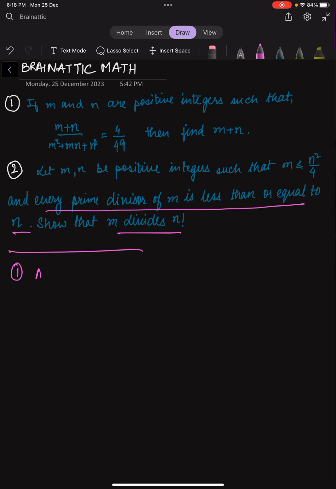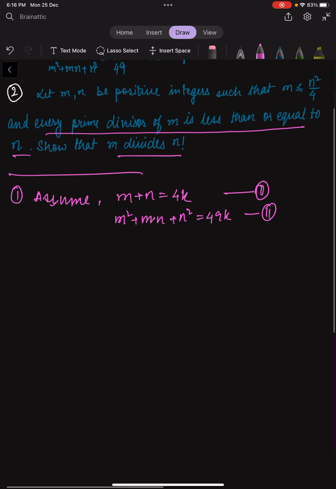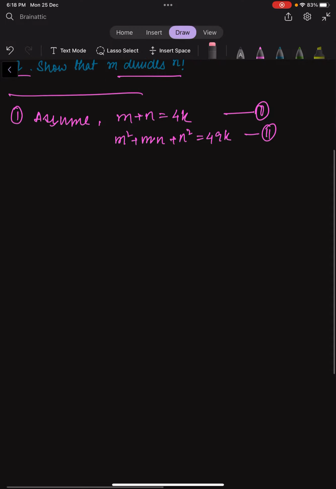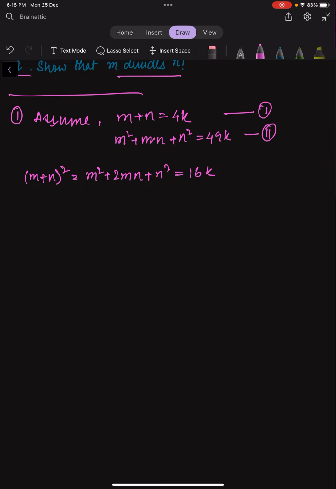Let us make an assumption. Assume m plus n is equal to 4k and m square plus mn plus n square is equal to 49k. We call it equation 1 and we call this equation 2. So if we square m plus n, we get m square plus 2mn plus n square, which is equal to 16k square.